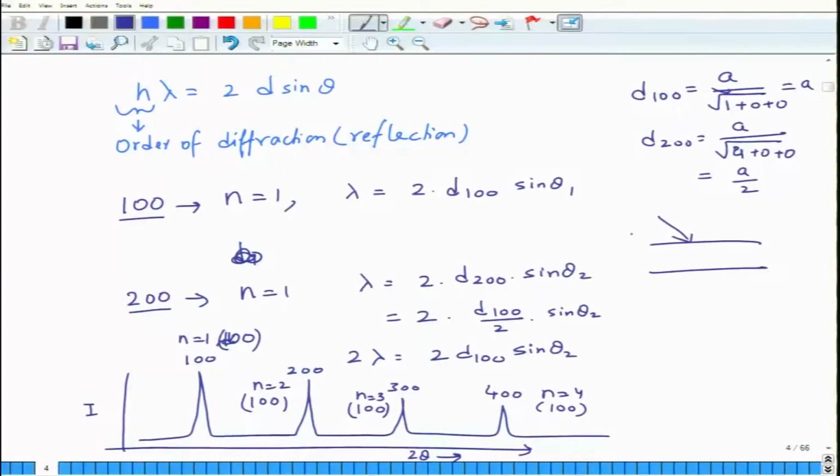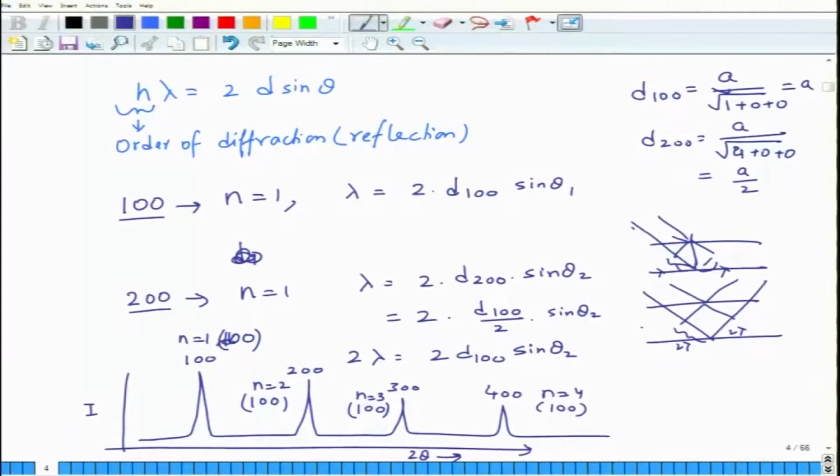Okay. So, it is as if in the first case it would be in this fashion. Okay. So, this was 1 lambda, this is lambda, this is lambda. Okay. In the second case it became, this was 2 lambda, 2 lambda.